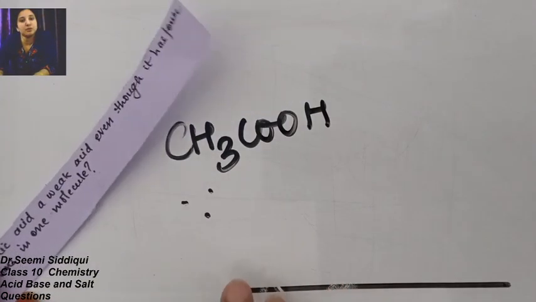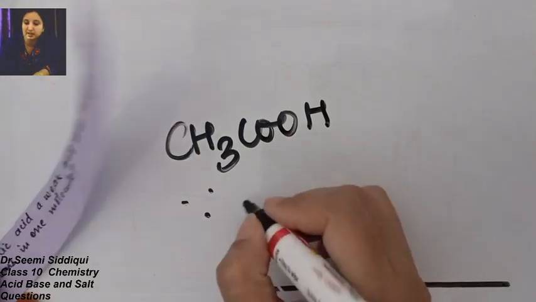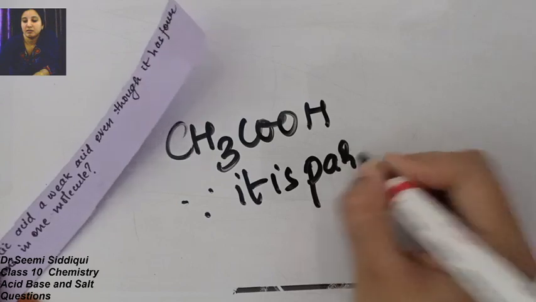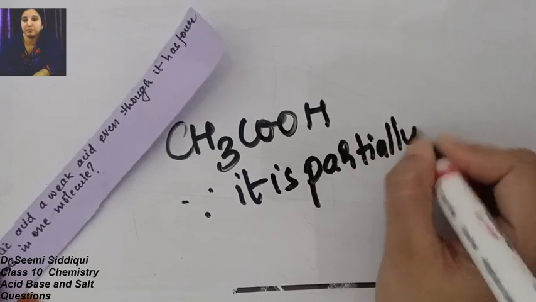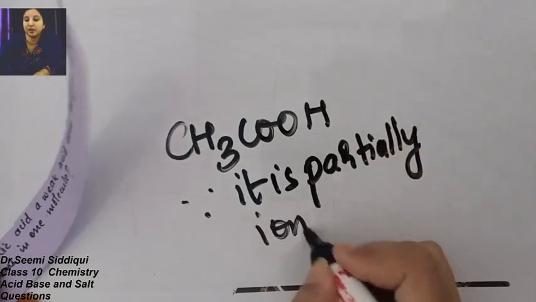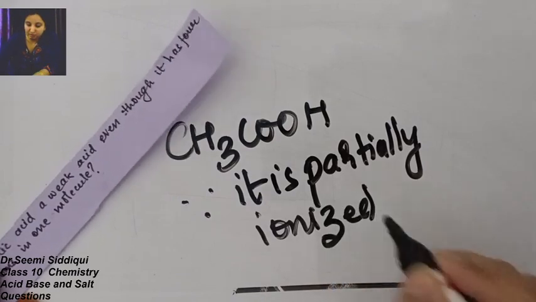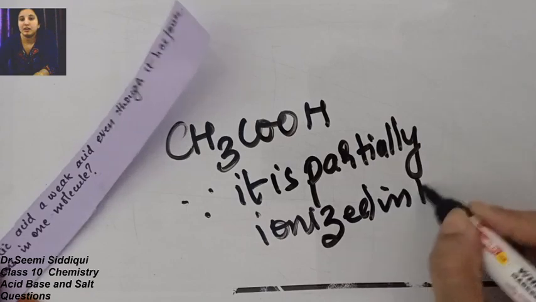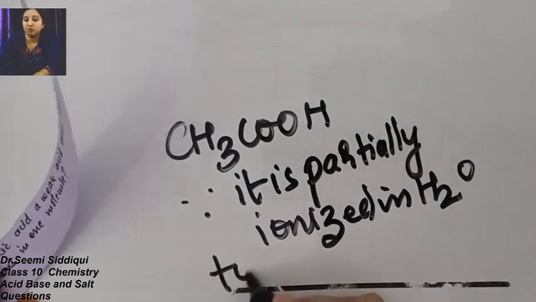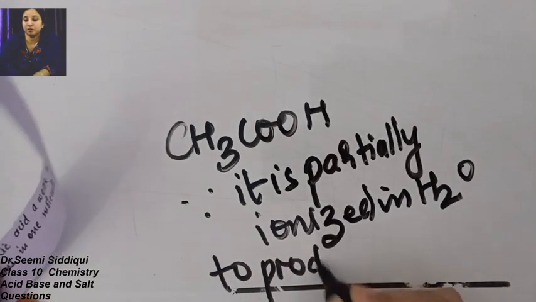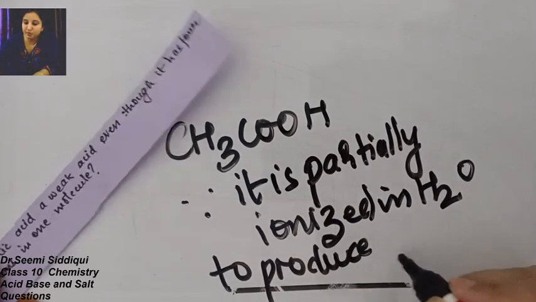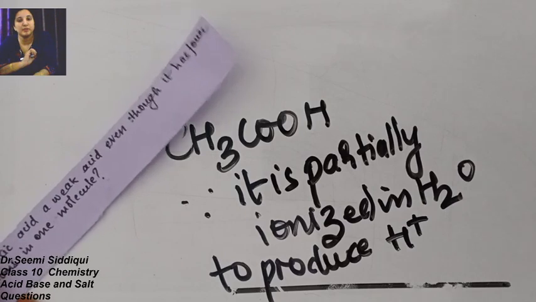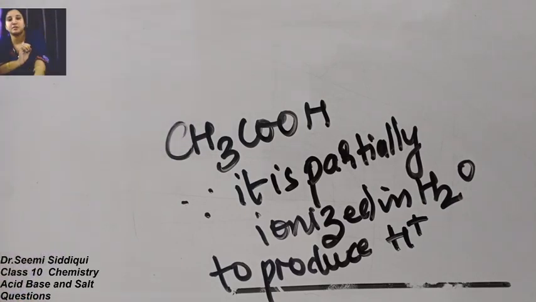In the case of acetic acid, it is partially ionized in H2O to produce a small amount of H+ ions.